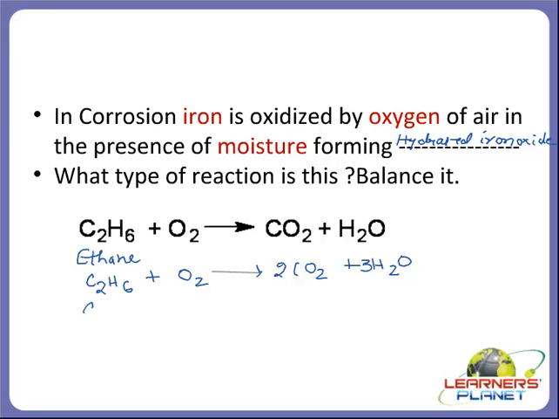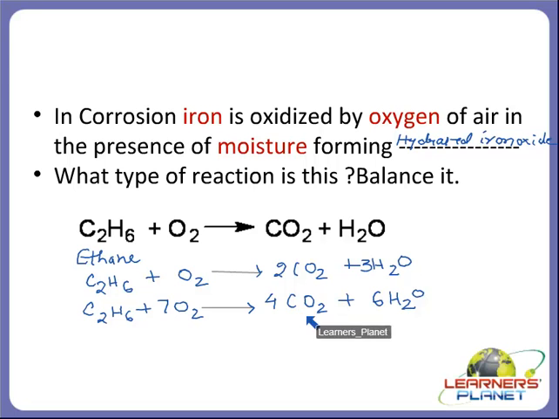So in my next equation, let me put here C2H6 plus 7O2. Now children, in order to make this 14 oxygen, what I need to do is make this 4CO2 and I'm making it 6H2O.